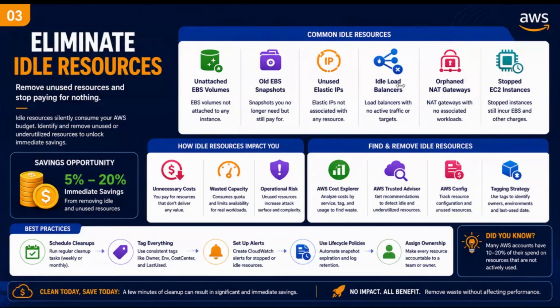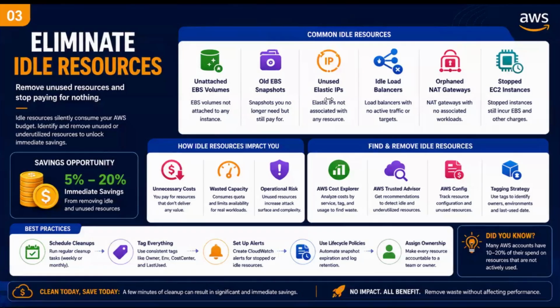These are the options clients always overlook. They create an EBS volume, then forget to delete it, and old EBS snapshots are taken but not used, unnecessarily consuming volume and burning your spend.